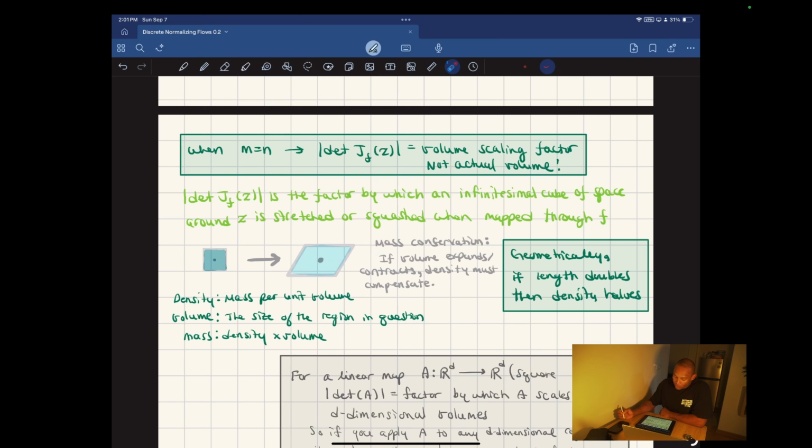So we need to know how to properly scale between transformations.